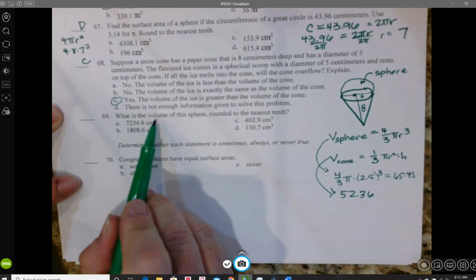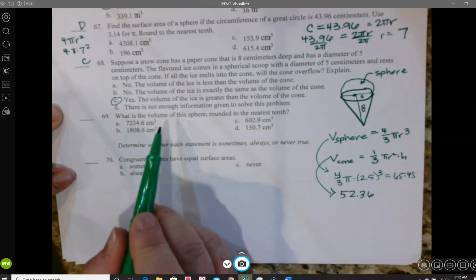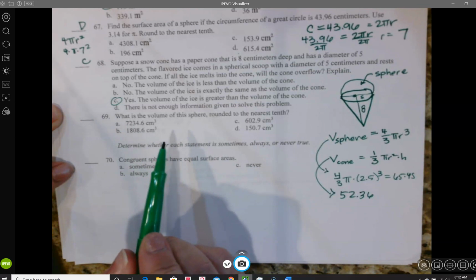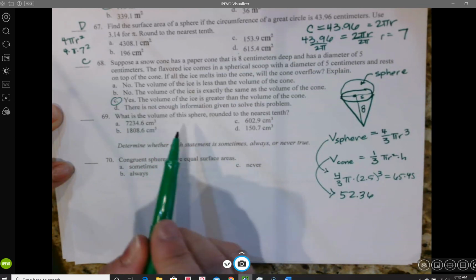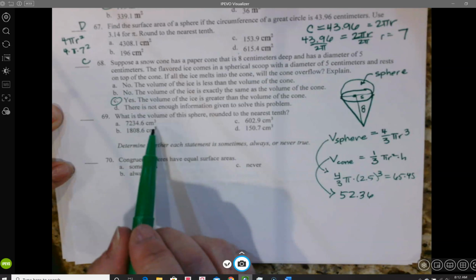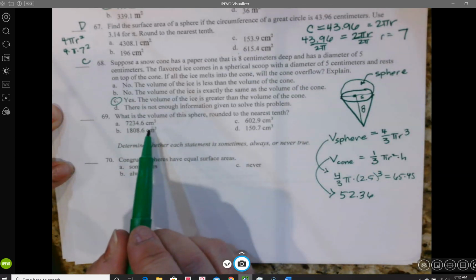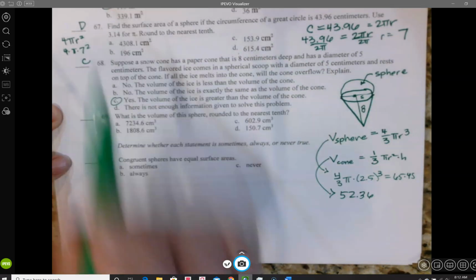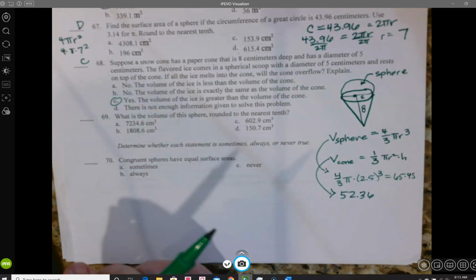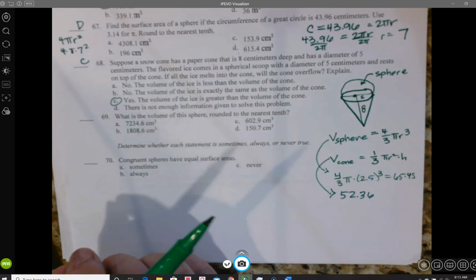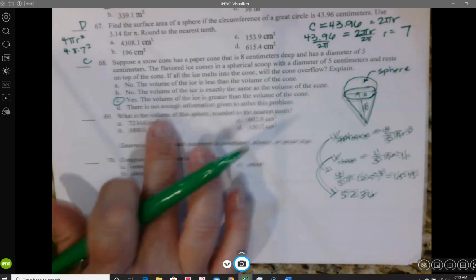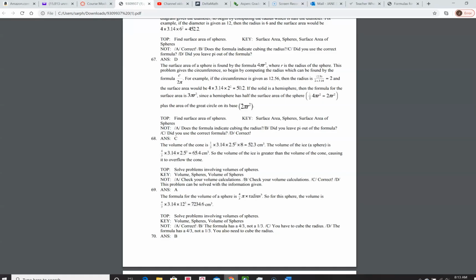Okay, number 69, what's the volume of this sphere? Rounded to the nearest tenth. Are they looking at the sphere up above? Which sphere are they talking about in number 69? All right, that's where I go to my answers again.